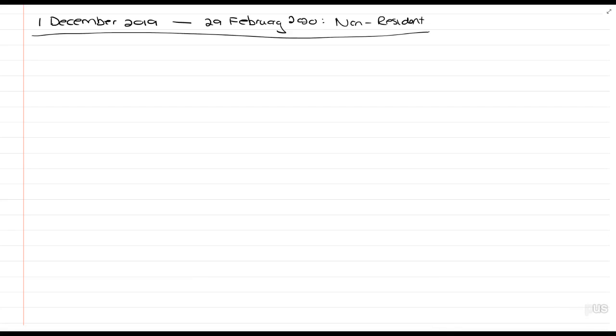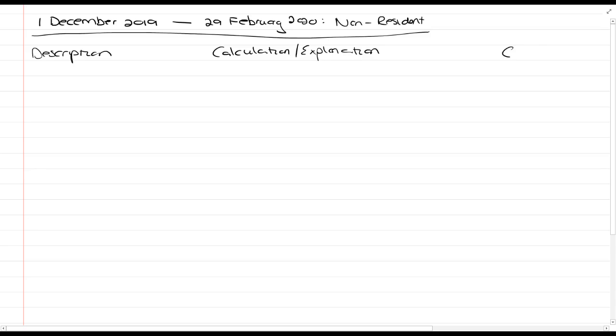In both these instances, we are going to use headings that say description, calculation / explanation. So you can do this at the top of your page. CGT and rands.